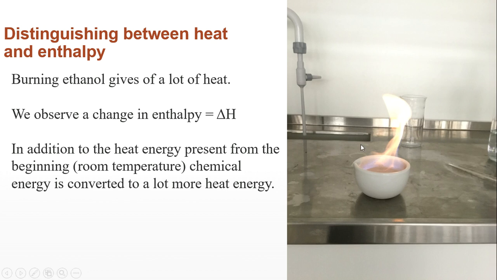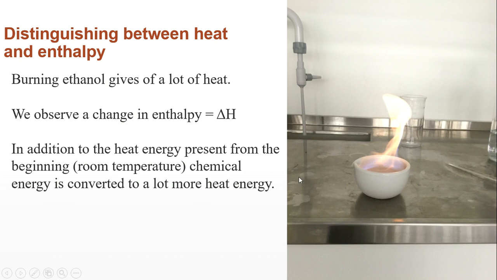But now we have a lot of energy here, and it's not just related to the initial heat we had, but also the heat generated from breaking the bonds and forming new bonds. We need to take into account both the starting heat, so the temperature which this mixture is at when we start, and then what happens when the chemical bonds are broken.